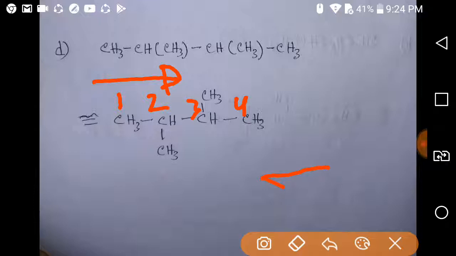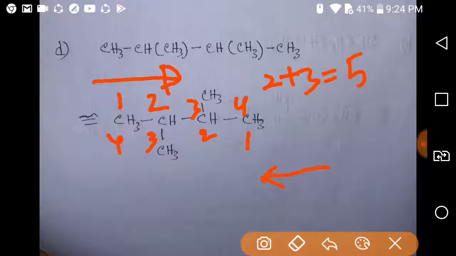And if I number from right to left, then I will also get 4. So this is butane. Now if I see the position of the methyl groups from left to right, at first I will get the methyl group at carbon 2, then at carbon 3.